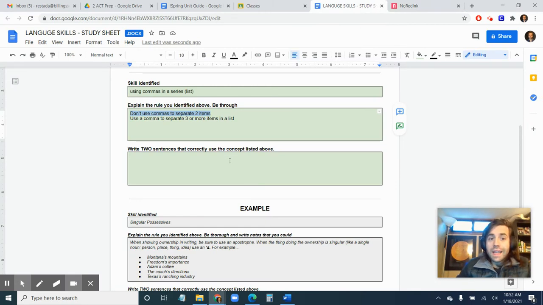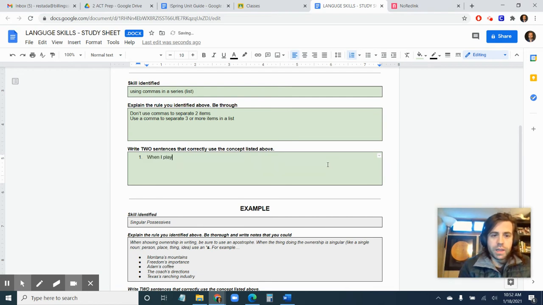And then the last thing I need to do is write 2 sentences to continue practicing, to use this concept above. So I'm going to try to write 2 sentences, maybe one that uses no commas, a list of 2 things, and then another sentence that lists 3 or more. So let's see here.